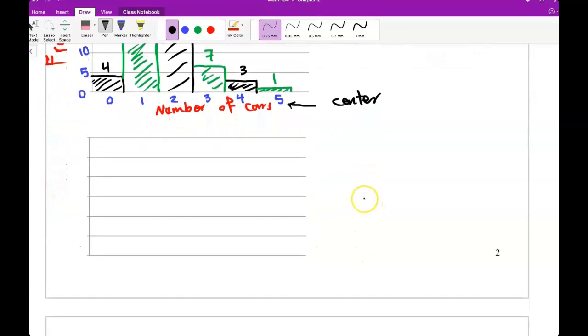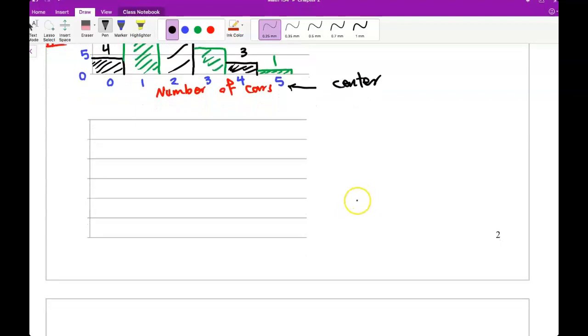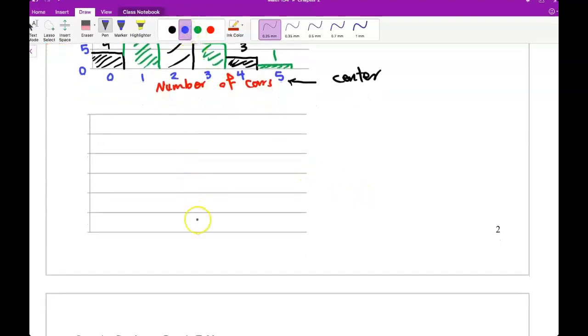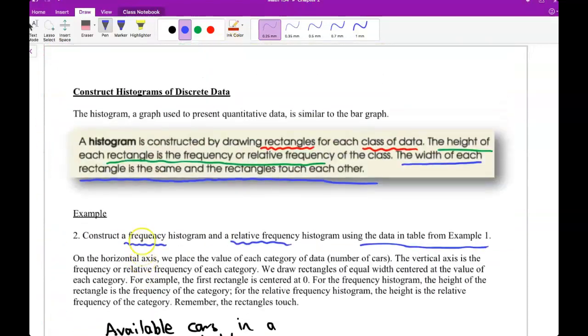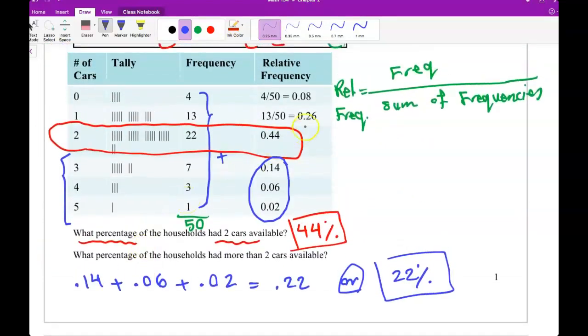Now the other one is for a relative frequency. And based on what we have here is this is 8%, so we have all these numbers.